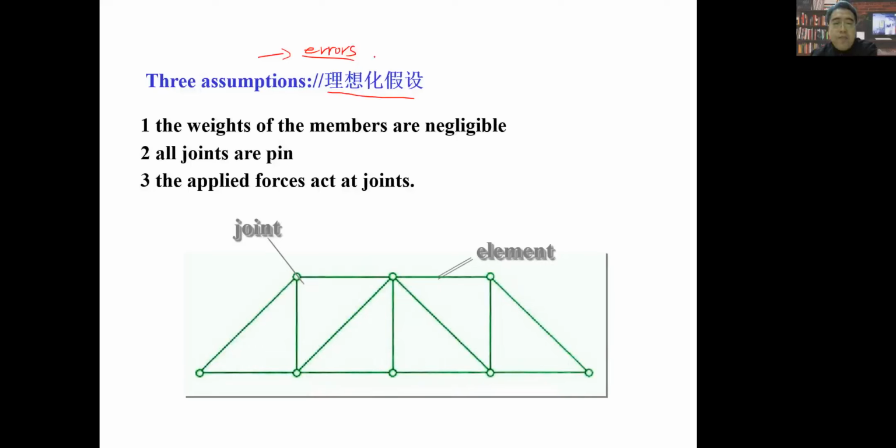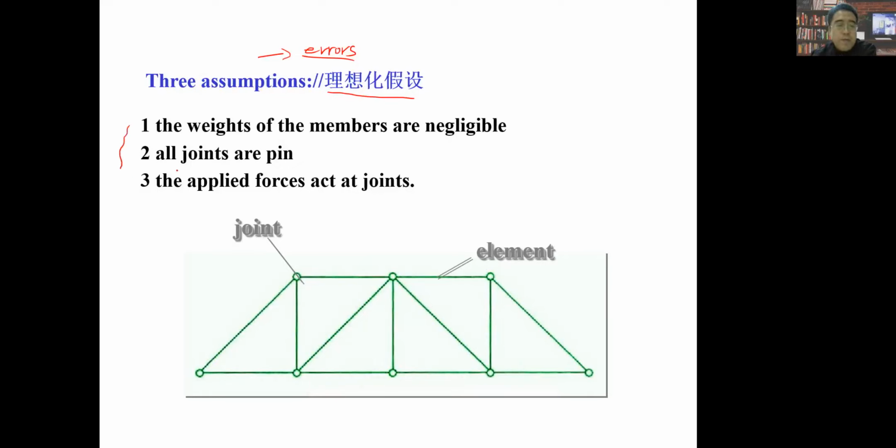They will not have an enormous effect or side effect on our conclusion. When we give this so-called idealized assumption, it can simplify our process of calculation, you know?